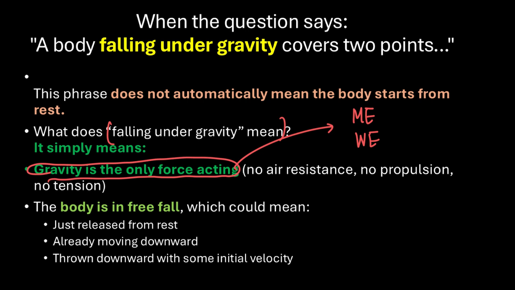Or case number two, it is already moving downwards and we just started observing the motion during the downward motion. Or case number three, thrown downward with some initial velocity. Right? And in this question, release from rest is the correct assumption.